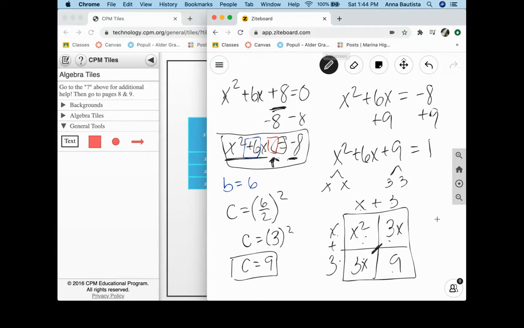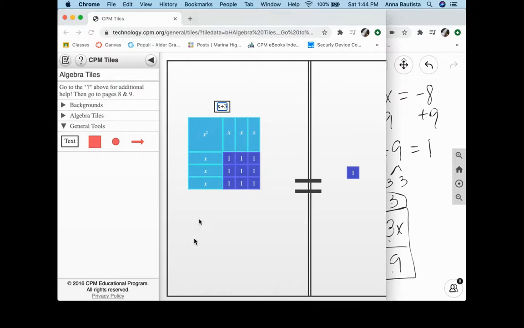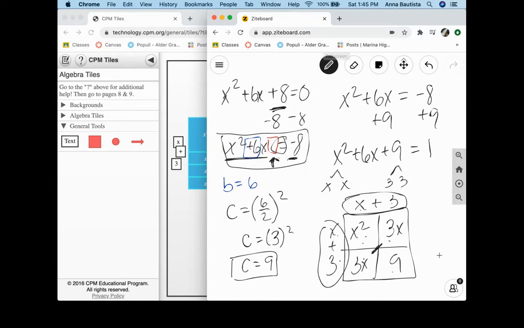And over here we could write x plus 3 on this side, which looks exactly like our box method, right?